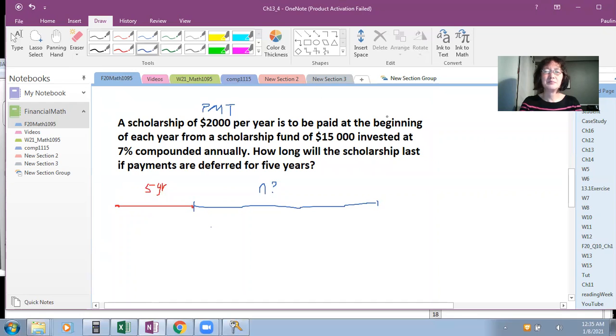And the keyword "beginning" means this is an annuity due.